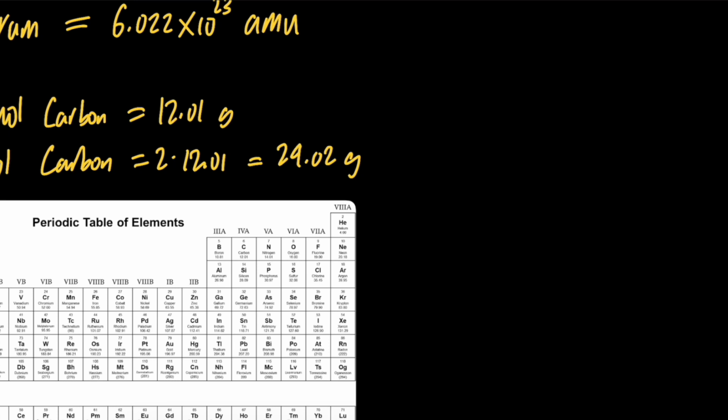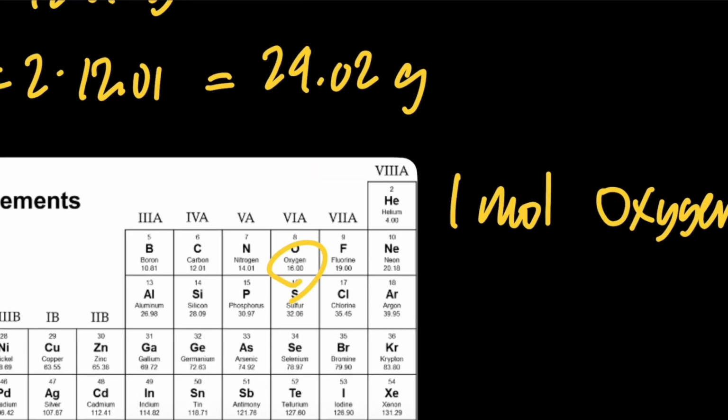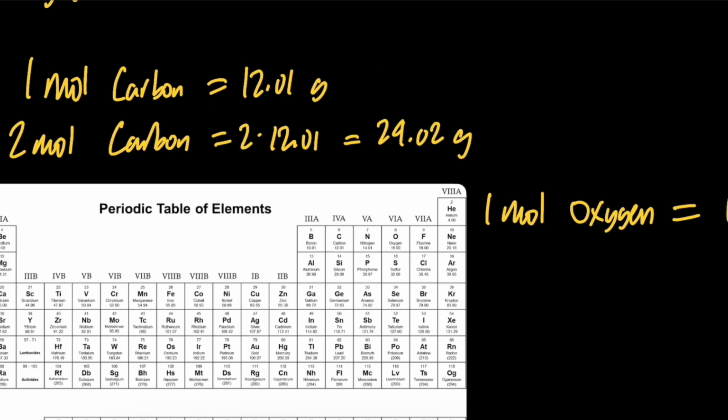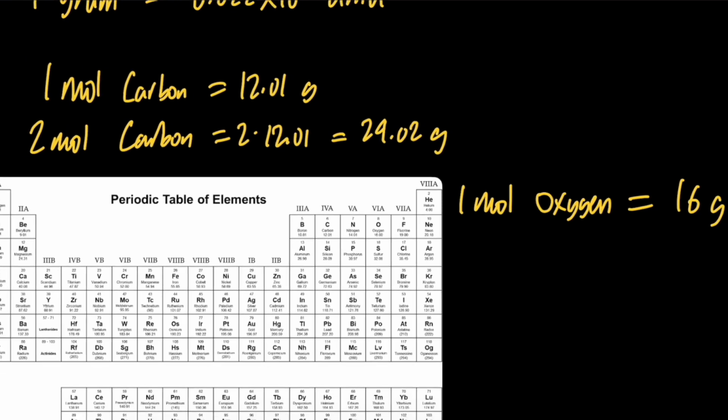Let's take oxygen. 1 mole of oxygen, or 6.022 times 10 to the 23 atoms of oxygen, is 16 grams, because we're given 16 AMU here. It's a direct conversion between AMU and grams. So that's all you have to remember.